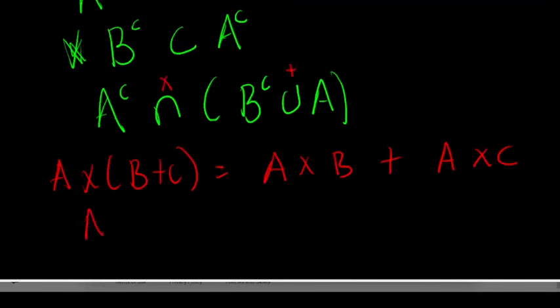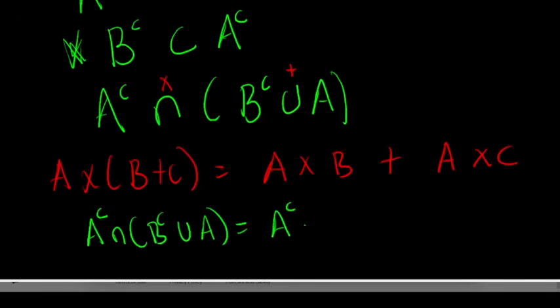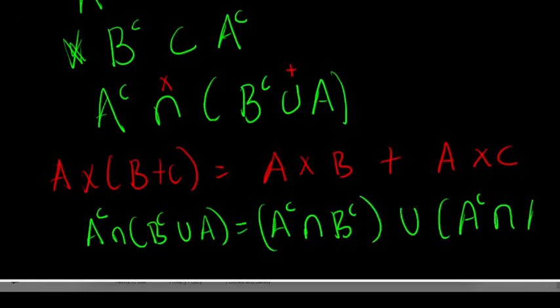That means A complement intersection (B complement union A) is the same thing as (A complement intersection B complement) union (A complement intersection A).